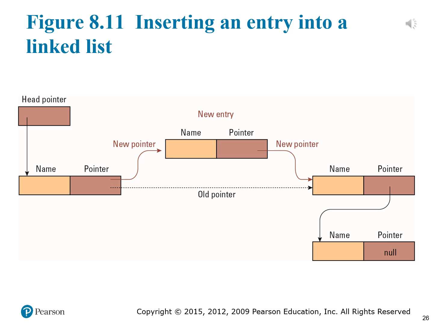Finally, we change the pointer associated with the entry that should precede the new entry in the list so that the preceding entry's pointer points to the new entry, as shown in figure 8.11. After we make this change, the new entry will be found in the proper place each time the list is traversed.